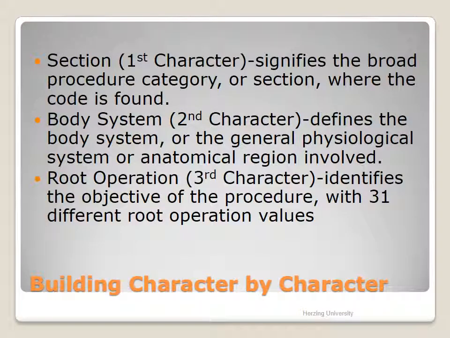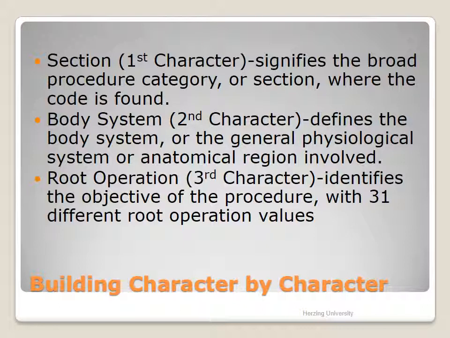In building an ICD-10 PCS code, let's break down the different characters. The first character is section, and this signifies the broad procedure category or section where the code is found. The second character is body system, and this defines the general physiological system or anatomical region involved.